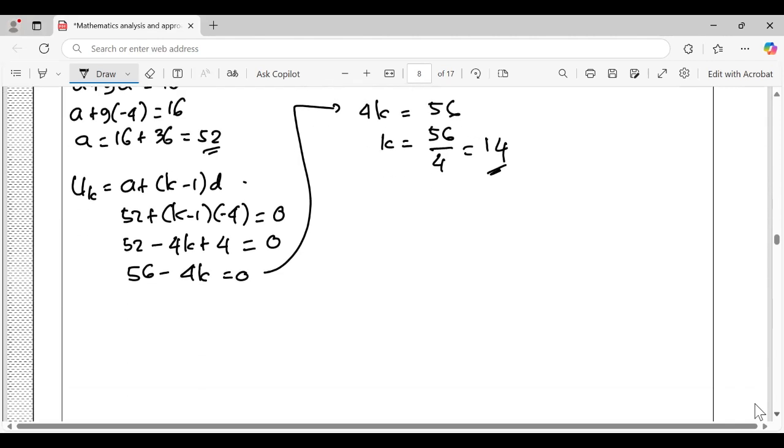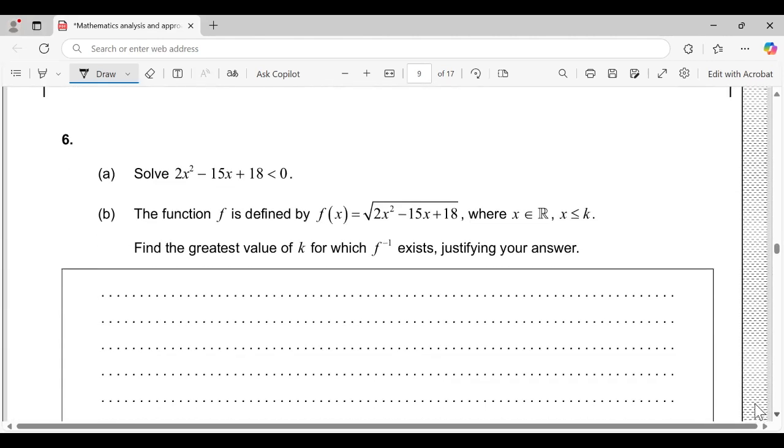Next question. Number 6. Solve 2x squared minus 15x plus 18 less than 0. This is an inequality. 2x squared minus 15x plus 18 less than 0. So we need to set this equal to 0 because we are going to find the value of x.